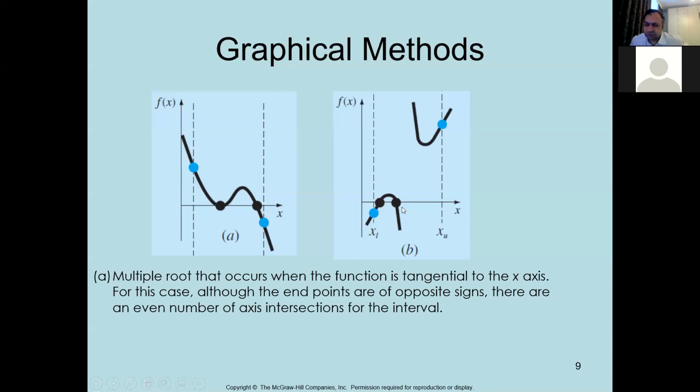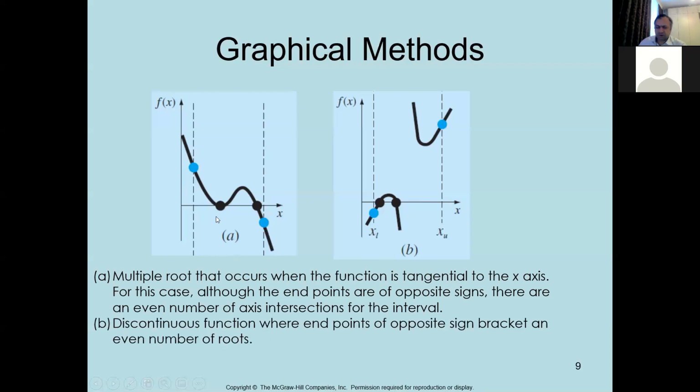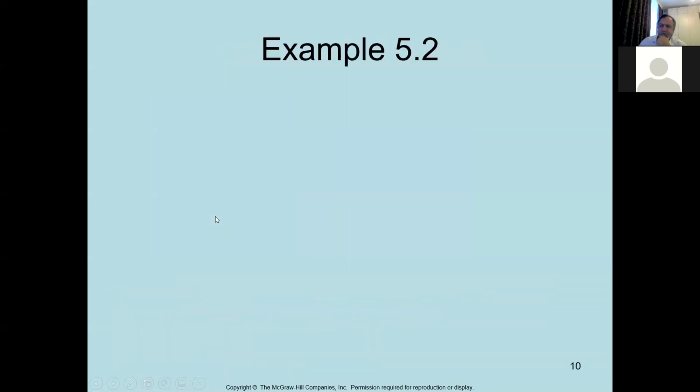The function should not be discontinuous. For a discontinuous function, or a function in which there are multiple roots, these rules will not apply. So we need special strategies for determining the roots in these cases, and we will consider those methods in later topics.